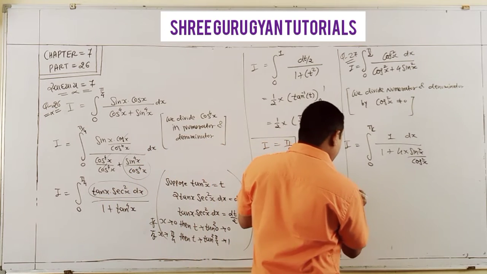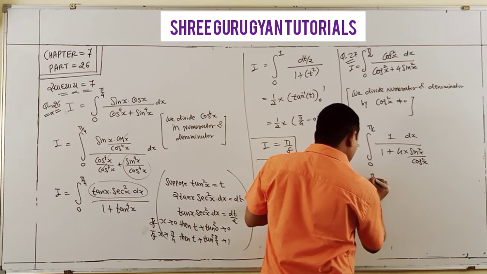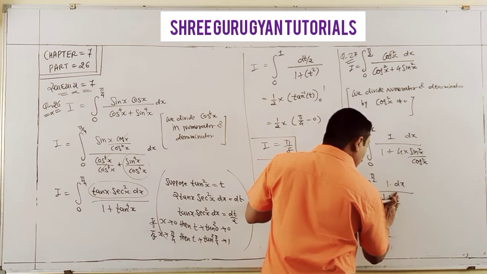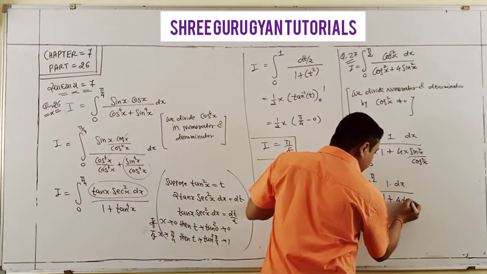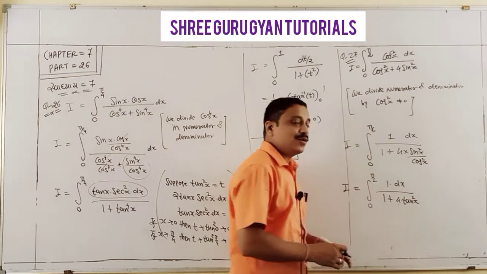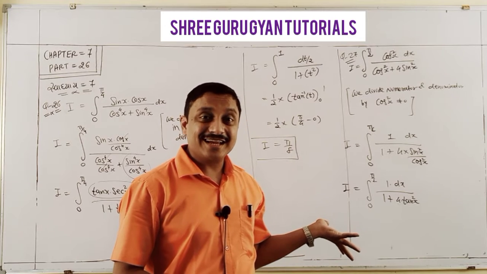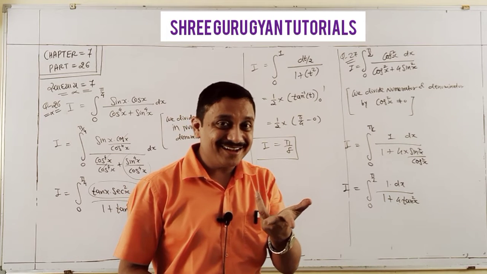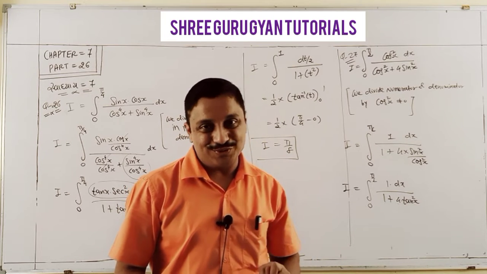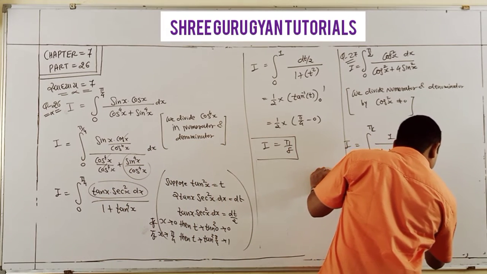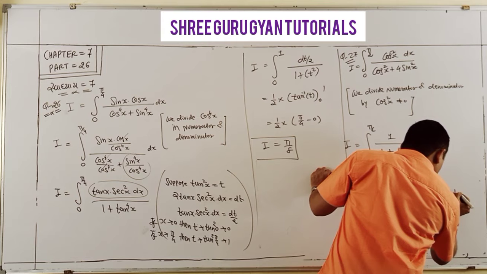So students, my I is integral 0 to pi by 2 of 1 dx by 1 plus 4 tan square x. Now with the tan x substitution, converting the limits, pi by 2 means infinity. Assume tan x is t.